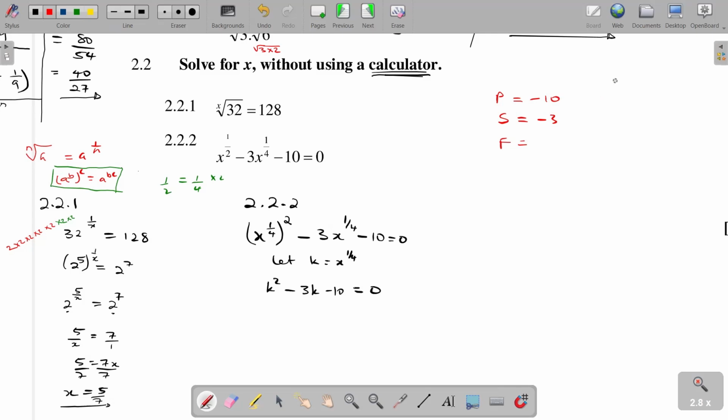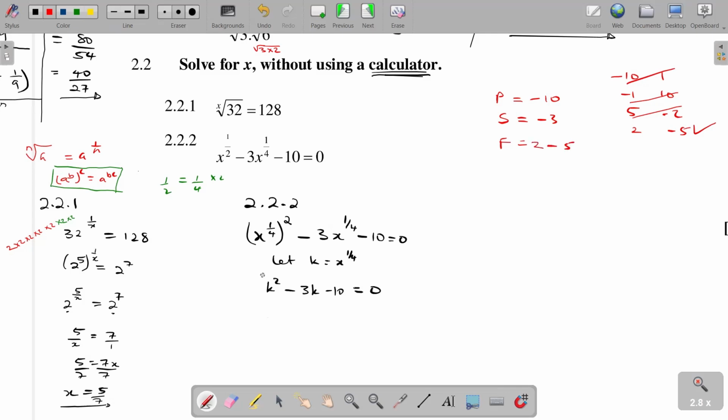Two numbers that multiply to negative 10 can be negative 10 and 1, negative 1 and 10, 5 and negative 2, or 2 and negative 5. But we want the ones that add to negative 3. Negative 10 and 1, we can't. Negative 1 and 10, we can't. 5 and negative 2 gives positive 3. So the correct set is 2 and negative 5. So our factors are 2 and negative 5.